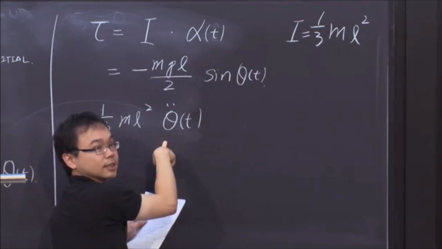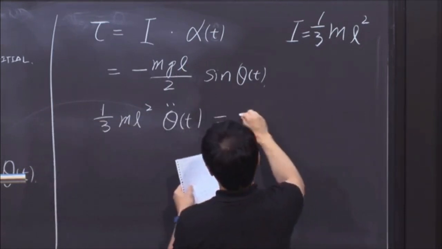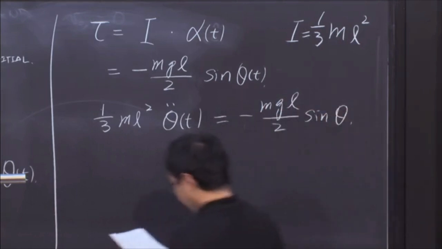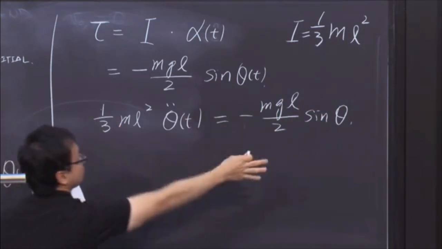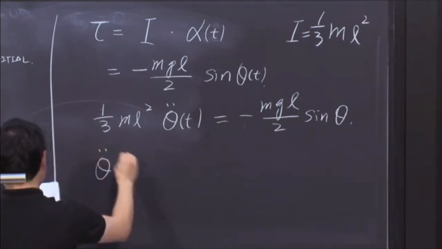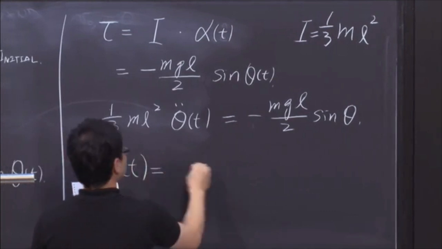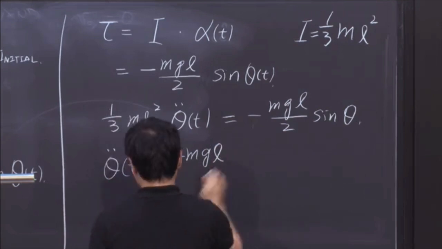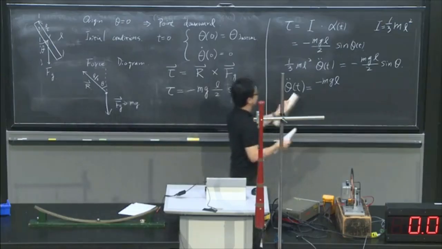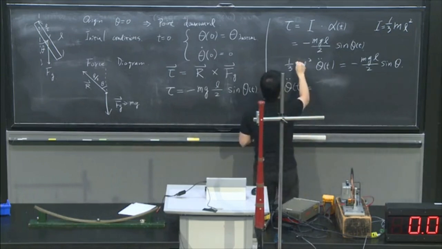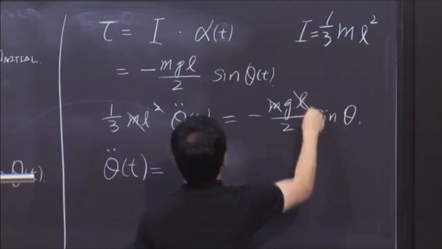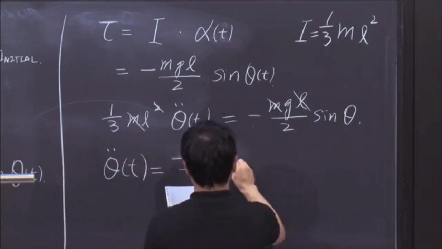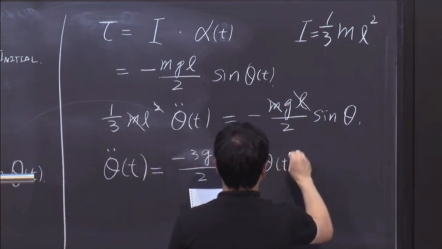Okay, I now write it as theta double dot, and that will be equal to minus mgL over 2 sine theta. I can move all the constants to the right-hand side. Therefore, I get theta double dot of t equal to minus mgL. Actually, I can already simplify this, right? The m cancels, and one of the L cancels. So therefore, I get minus 3g over 2L sine theta of t.